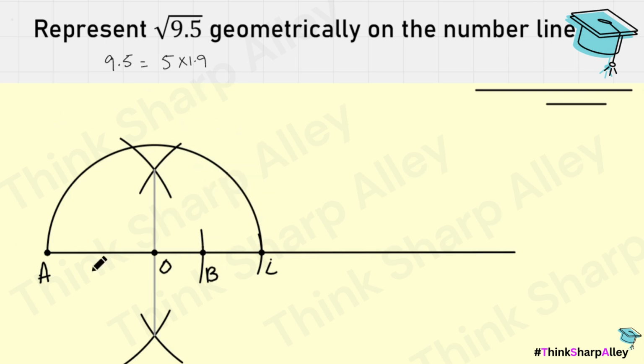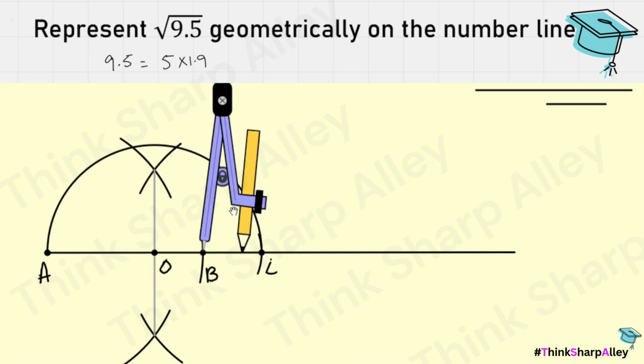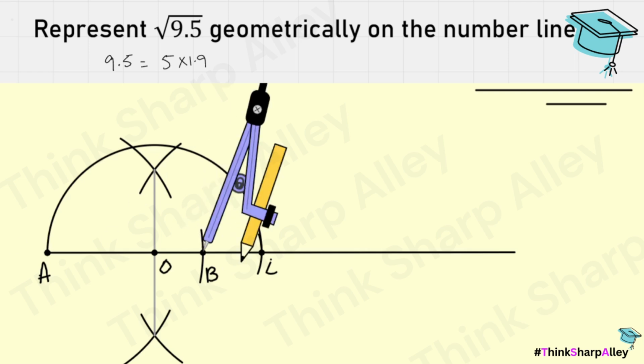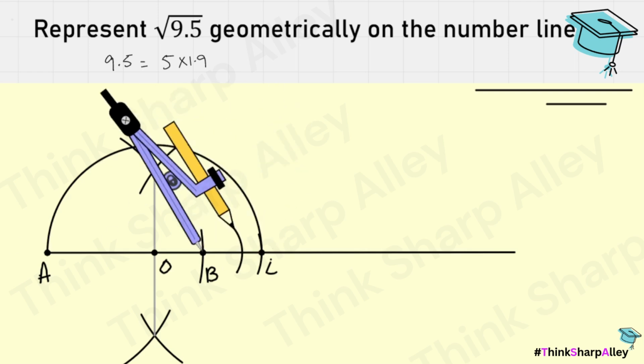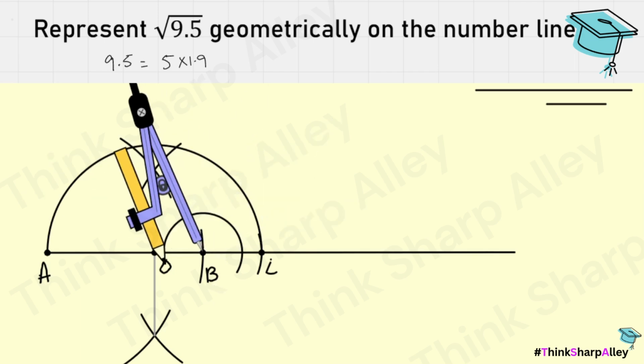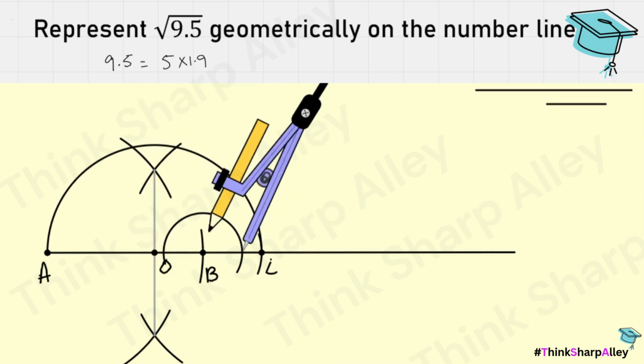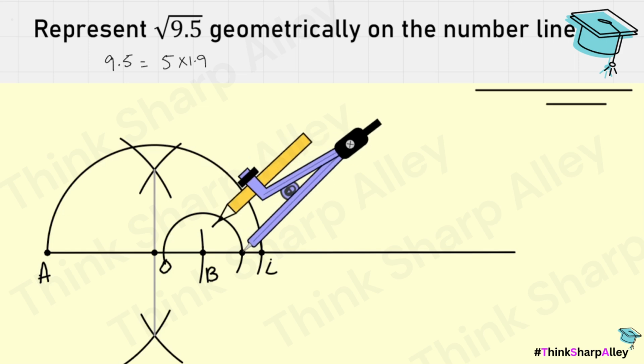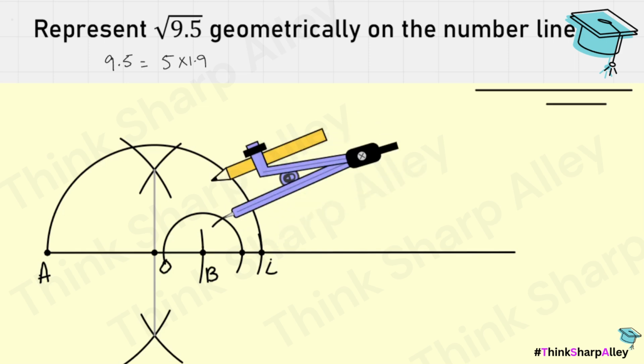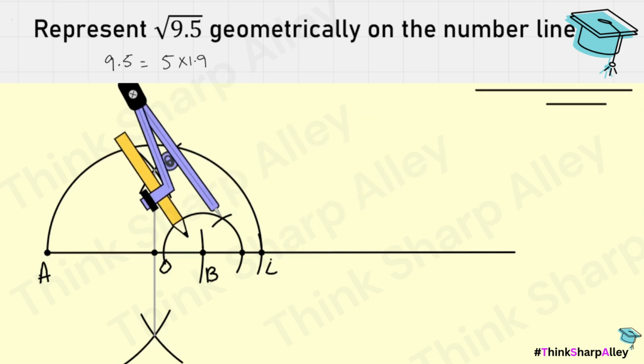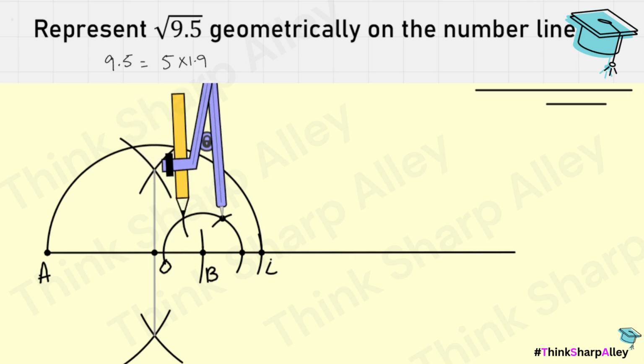Now at point B, I will draw a perpendicular. So you have learned drawing perpendicular in probably class 6. So this is 60. Then this one is 120.